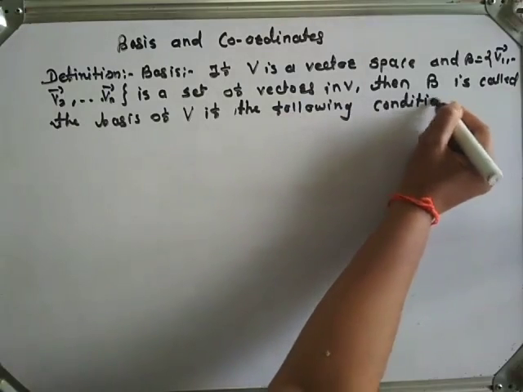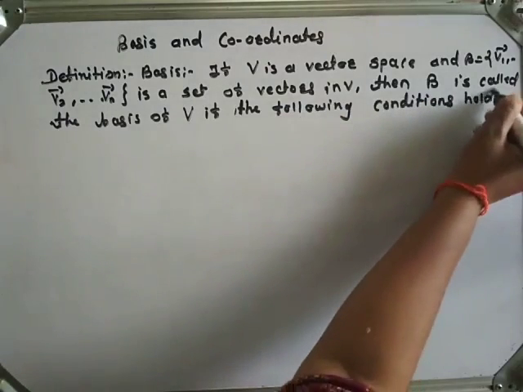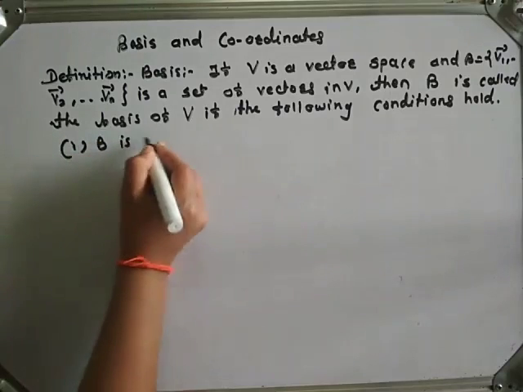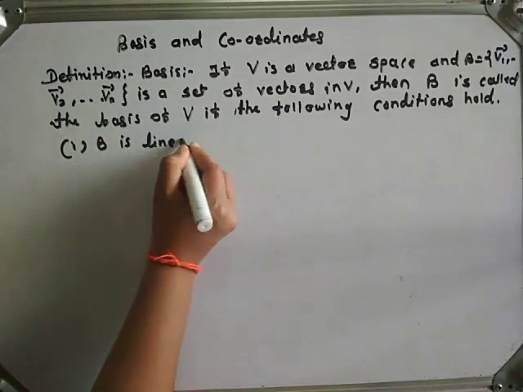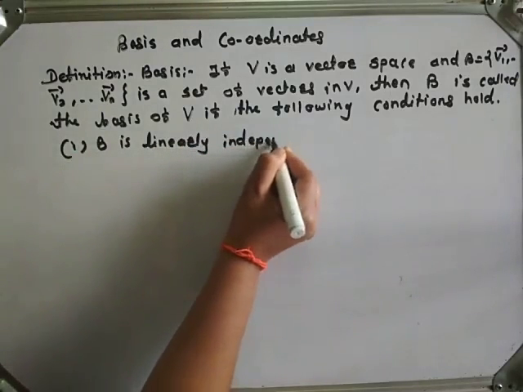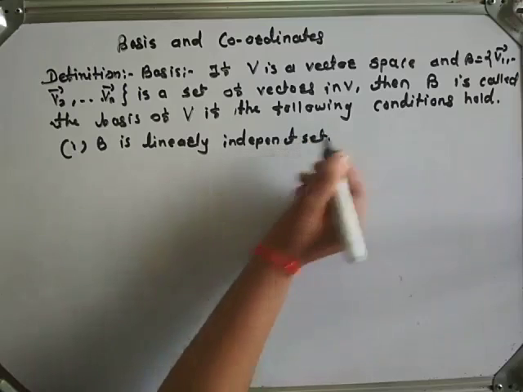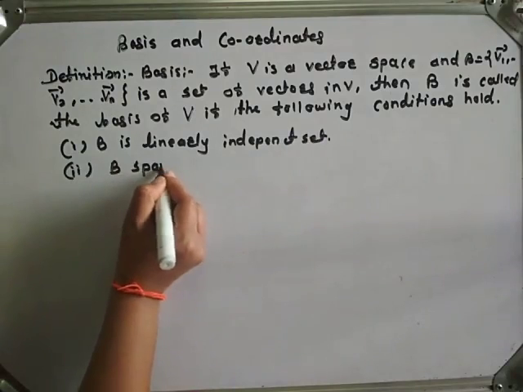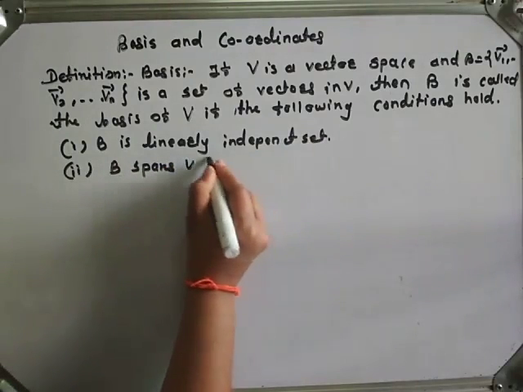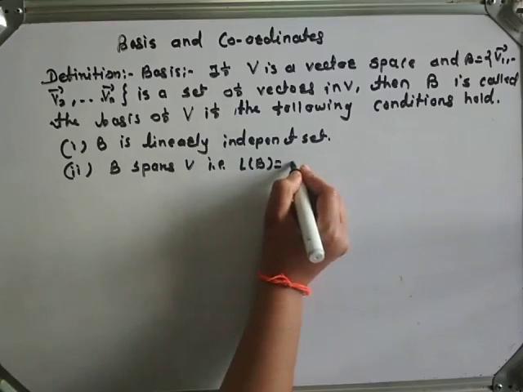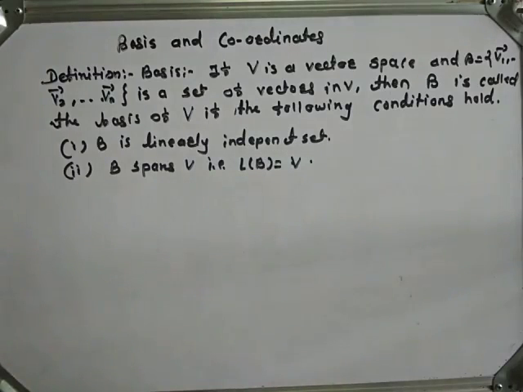First condition: B is a linearly independent set. Second condition: B spans V, that is, the linear span of B is equal to V.